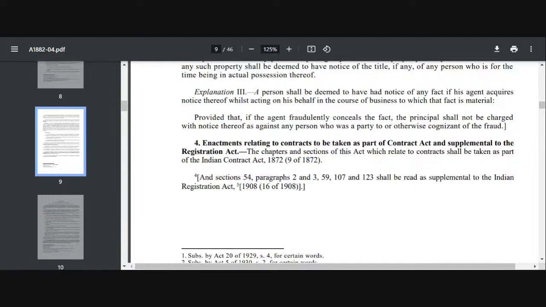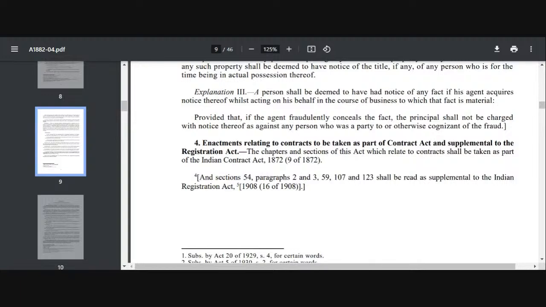I have already told you that TP Act is completing the Indian Contract Act. अगर हम किसी भी contract को जो हम execute कर रहे हैं in the form of TP, for which I want to make a contract, the very purpose of the contract will remain unfulfilled अगर हम उसे TP Act के according execute नहीं कर रहे हैं, right? So TP Act is completing the Contract Act.